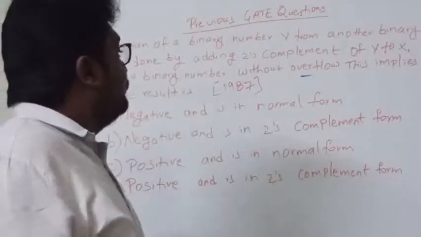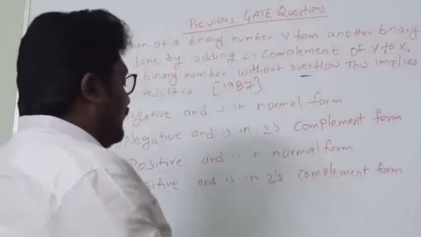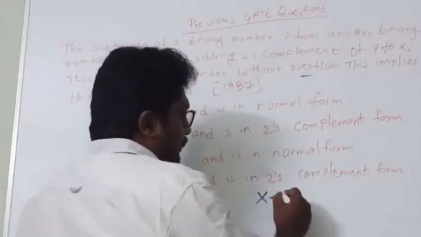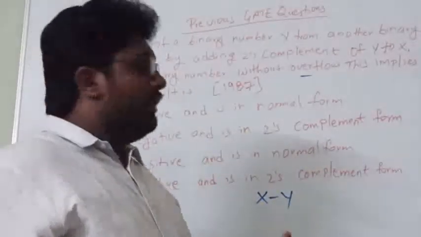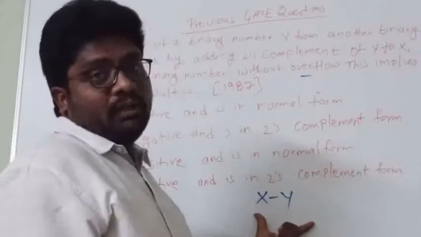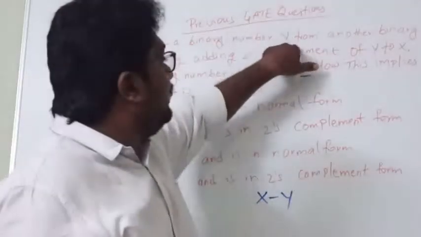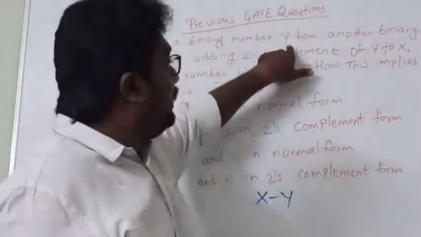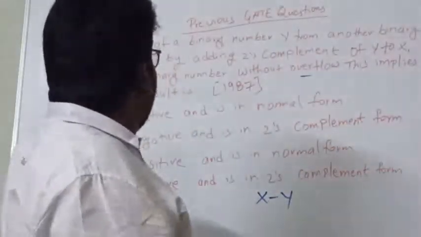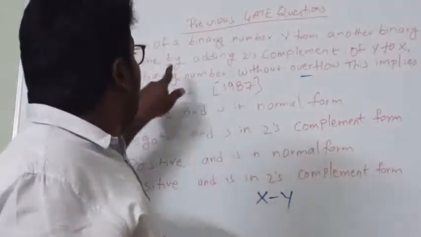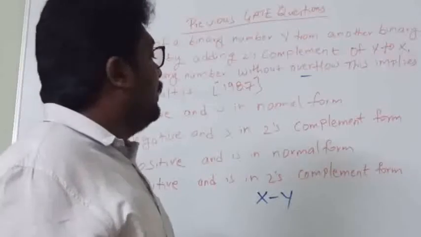So for this, they are performing the subtraction operation with two binary numbers x and y, the subtraction of a binary number y from another number x, done by adding 2's complement of y to x.